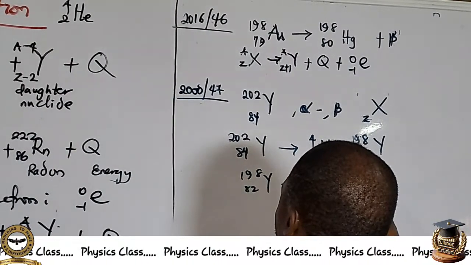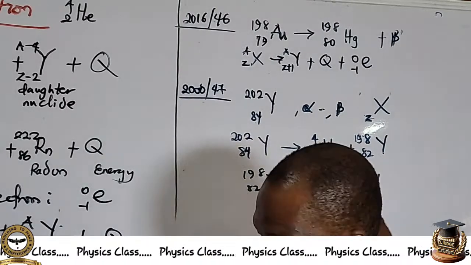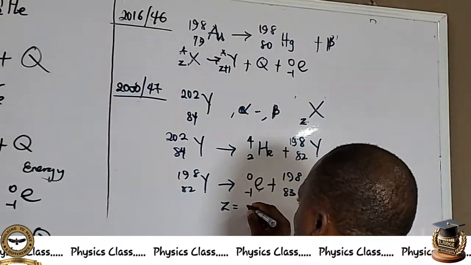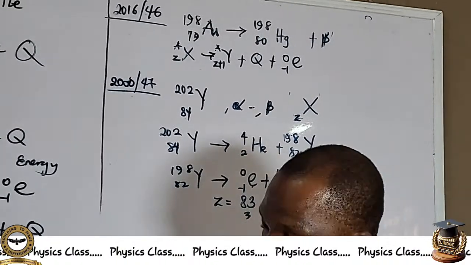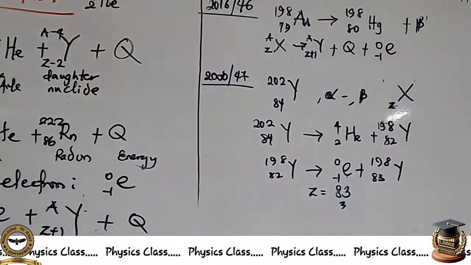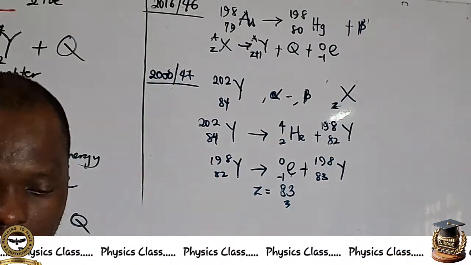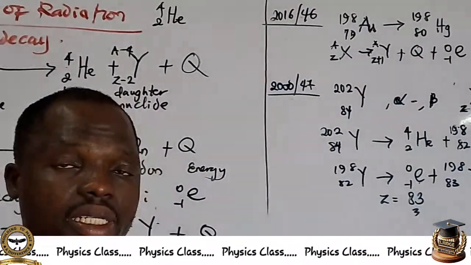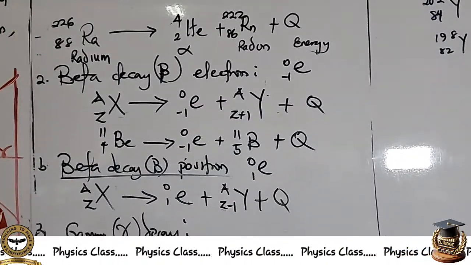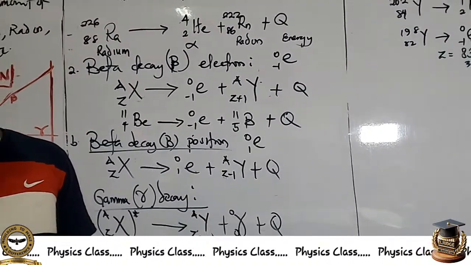So this is equal to 198, 83 Y. In this case, the Z that we are looking for is equal to 83. So these are a few examples of types of decay questions. The moment you understand the formula, you'll be able to answer such questions easily.